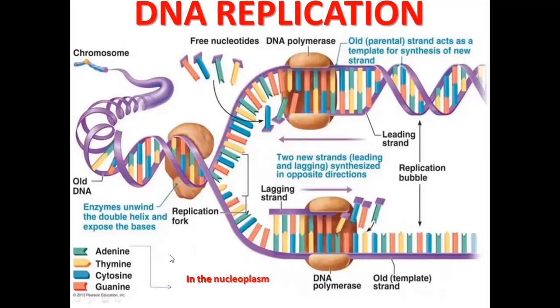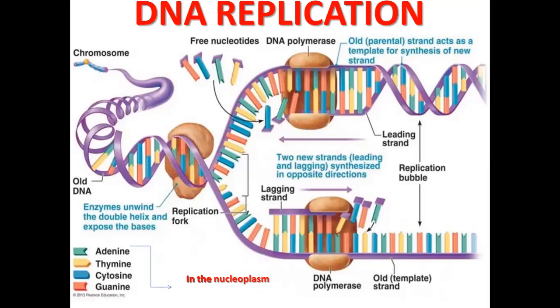So these are the nitrogenous bases. You know them: adenine, thymine, guanine, cytosine, guanine, isn't it? And these are present in the nucleoplasm. So from the nucleoplasm, the DNA polymerase picks up the nucleotides and joins them, and thus continuous and discontinuous strands are produced.